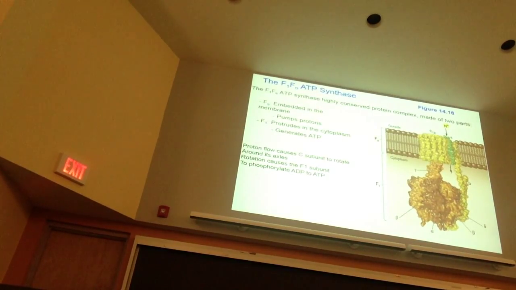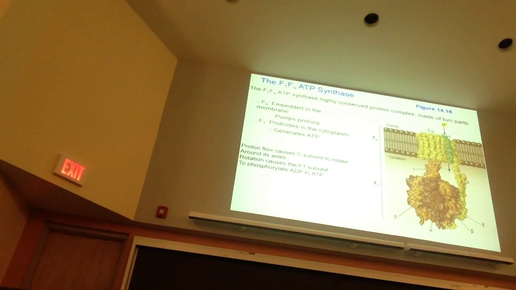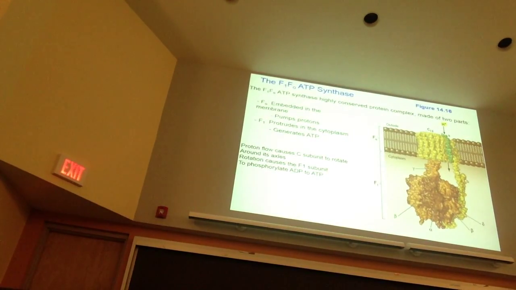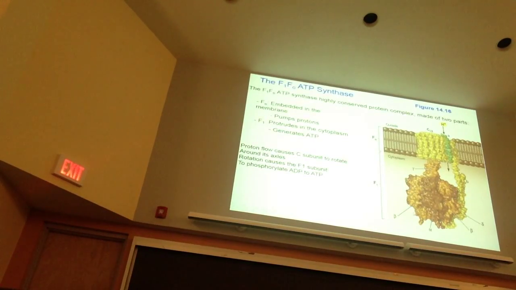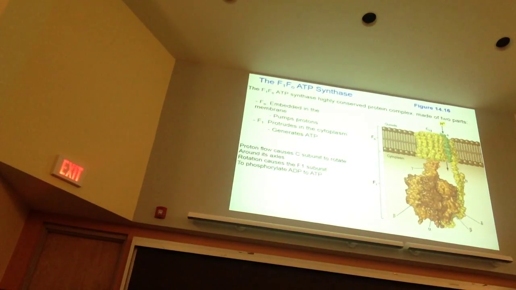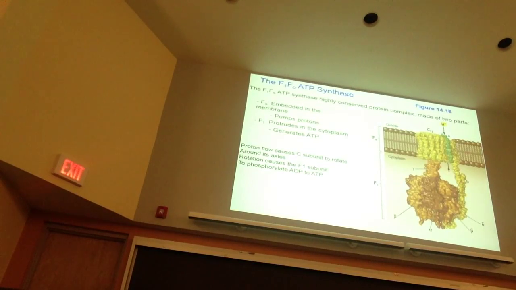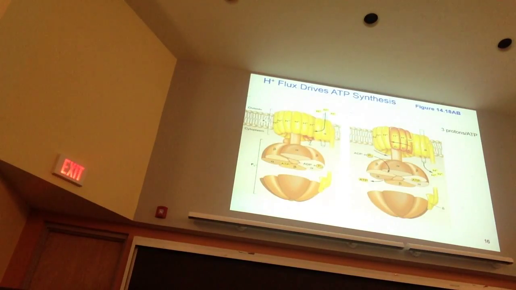You're going to see the mechanics of this because it works just like an offset cam in a motor. So you get rotation. Proton flow causes this set of subunits to rotate around the axle, and then the rotation causes the F1 subunit to phosphorylate ADP to ATP. And we're going to look at a little bit more detail as to how that happens, especially in the movie, which shows you some of the motion.